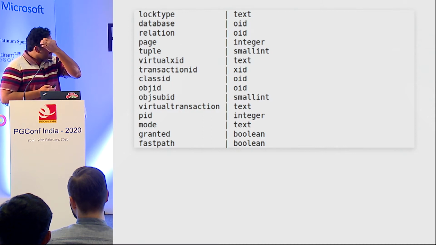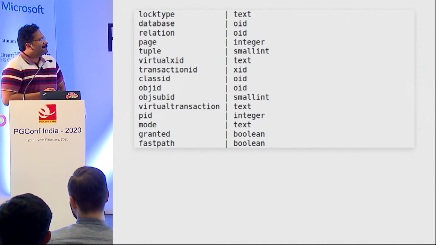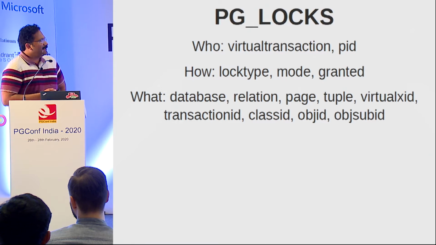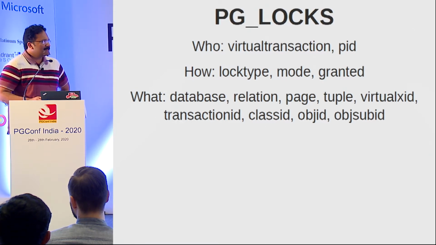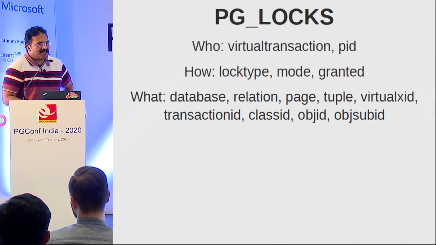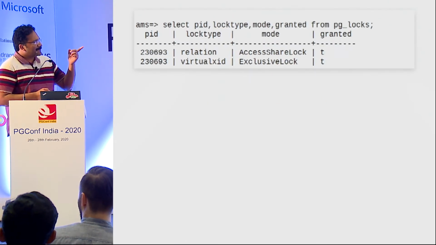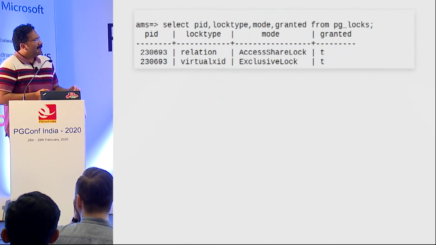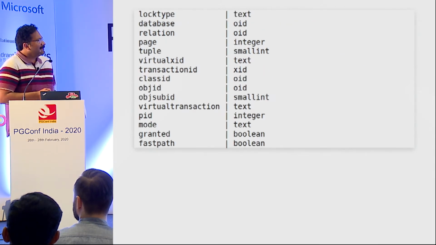I won't go into detail about all of them, but we can split them up broadly like this. Who is holding the lock is reflected in the virtual transaction and PID columns. PID is, of course, the process ID of the backend. The virtual transaction is not shown here because it's big.